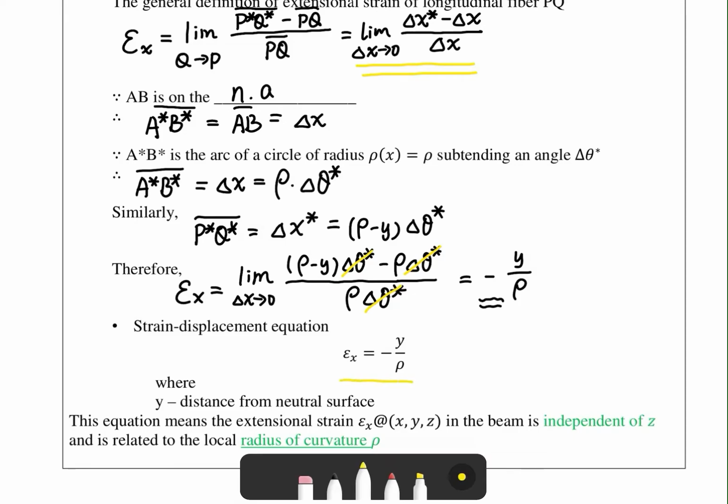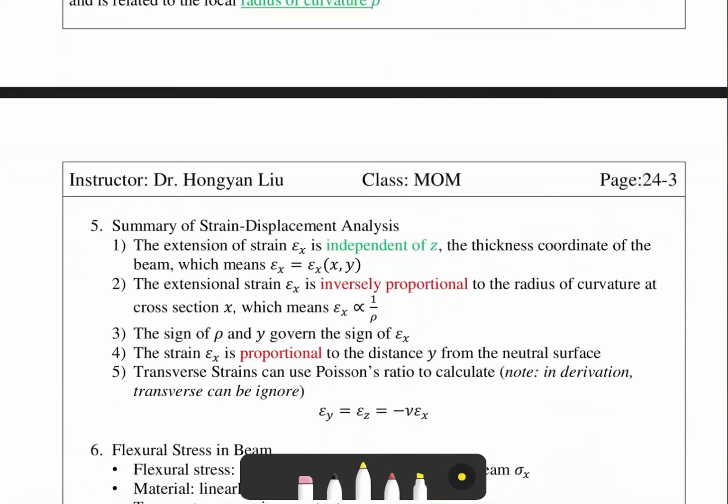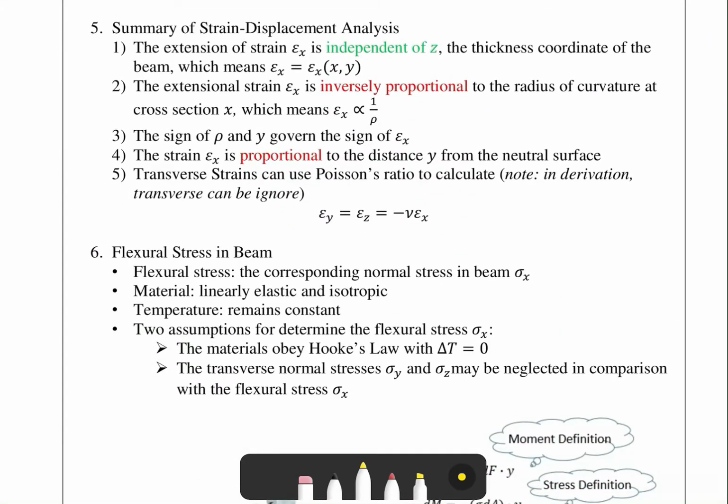However, we are not going to memorize this equation yet. This is just an intermediate equation here. Okay, so now let's keep moving to the next page. You can see this is the summary of the strain displacement.